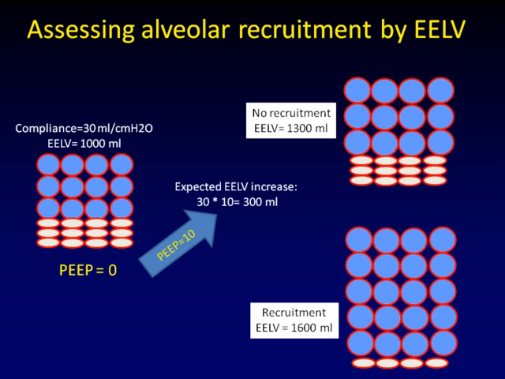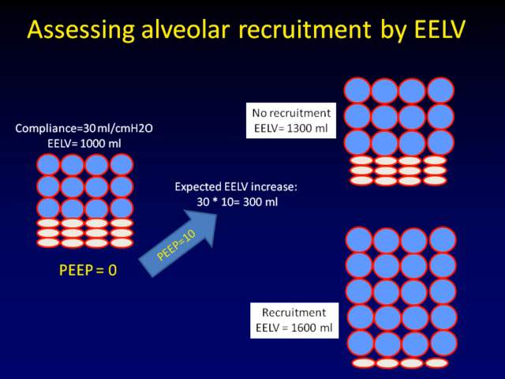What happens is that 2 rows of these alveoli pop open. Now the change in volume is not 300 milliliters anymore, but is 600 milliliters, because I'm not inflating 3 rows, I'm inflating 6 rows. It's not that I'm just inflating 1 lung on the left side, I'm inflating 2 lungs now with the same pressure. So the change in volume is double.